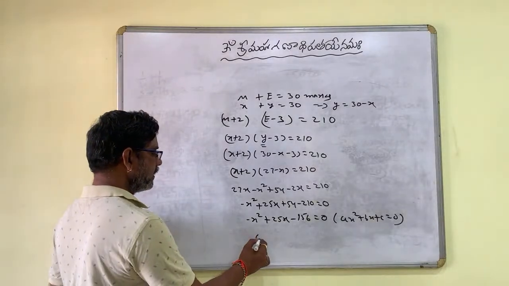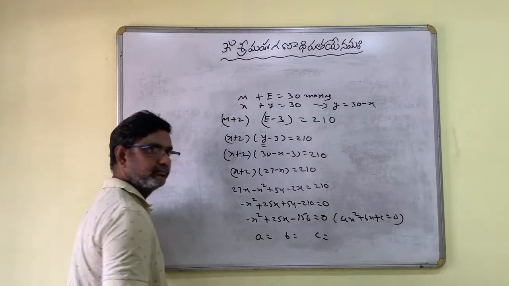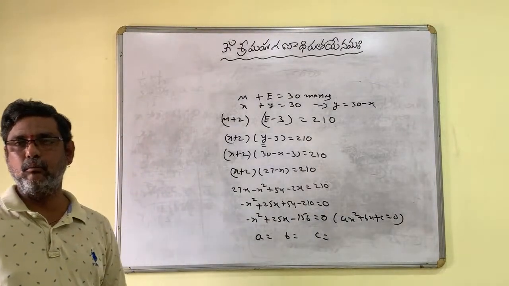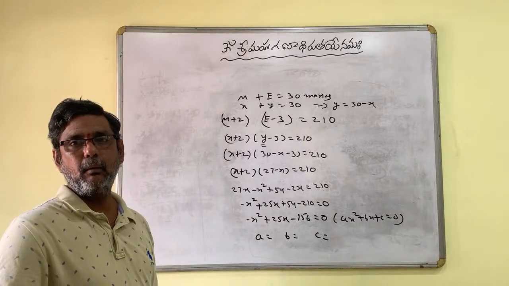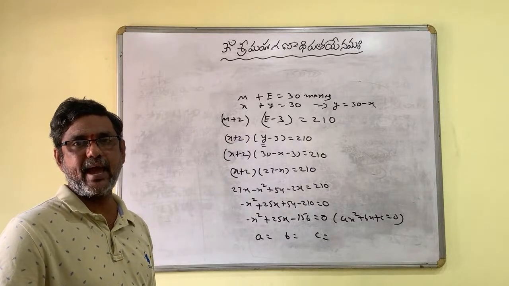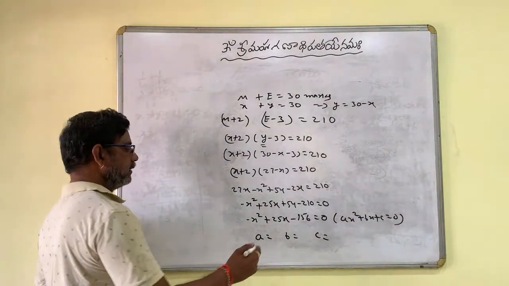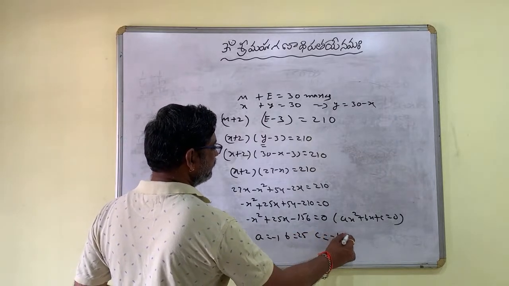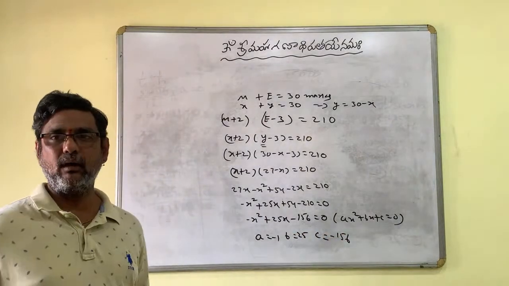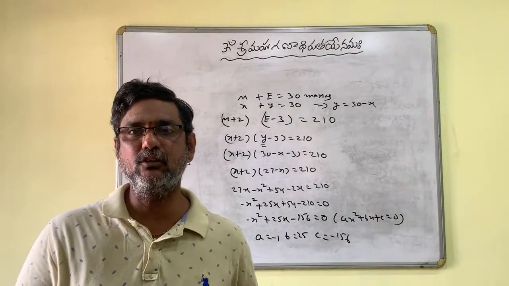A is negative 1, B is 25, C is minus 156. Apply the quadratic formula fast and find out the values of x.